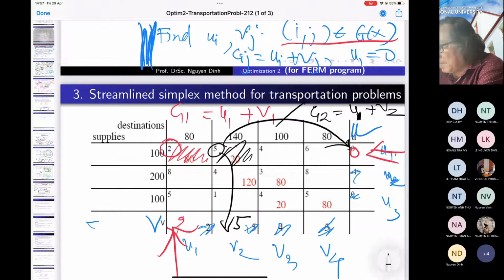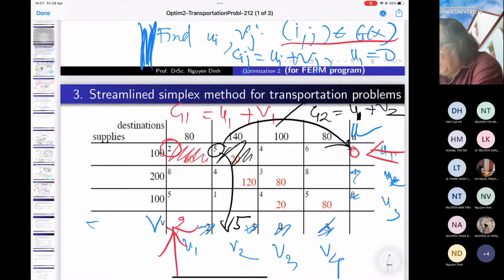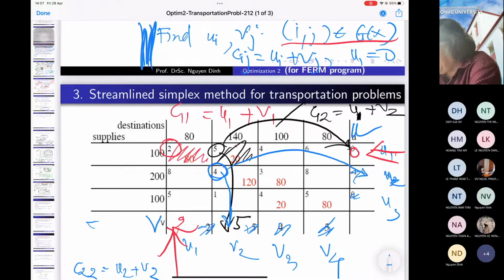And now look at this one. This cell is C22, equal to U2 plus V2. Is that okay? So 4 here is equal to 5 plus something here.